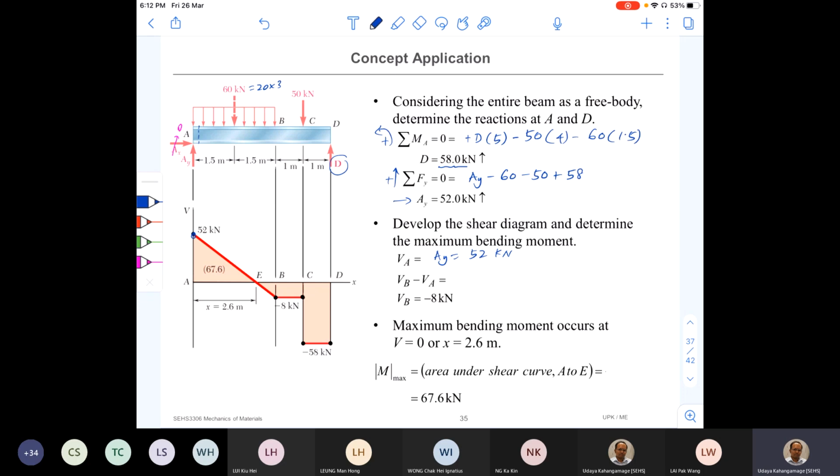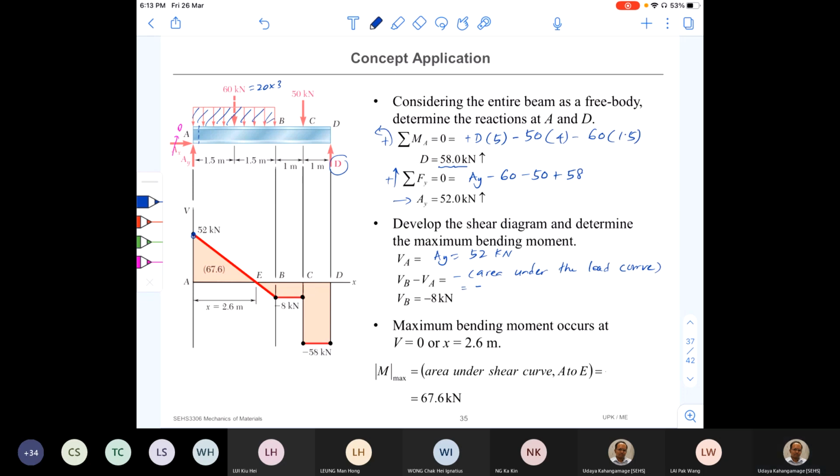VB minus VA should be equal to negative of the area under the load curve. So this is equal to negative of the area under the load curve, this total area, right?